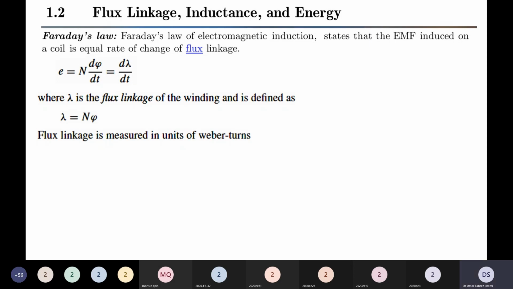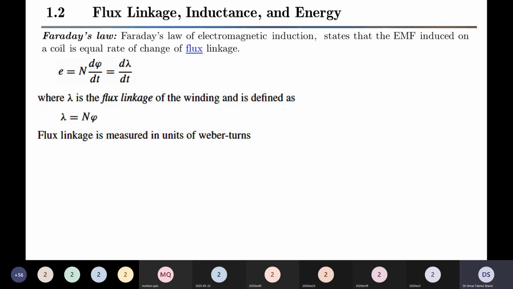d lambda is equal to N d phi. d lambda here represents the flux linkages, the flux that is physically touching the coil, and the voltage is d lambda divided by dt, where lambda is the flux linkage and lambda is defined by the number of turns multiplied by the flux.